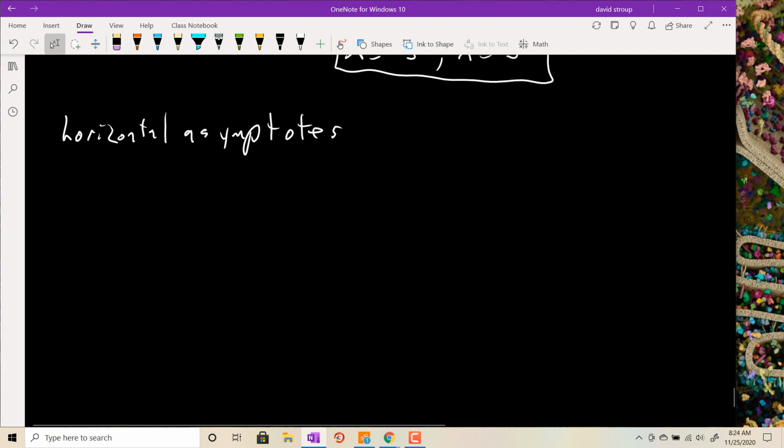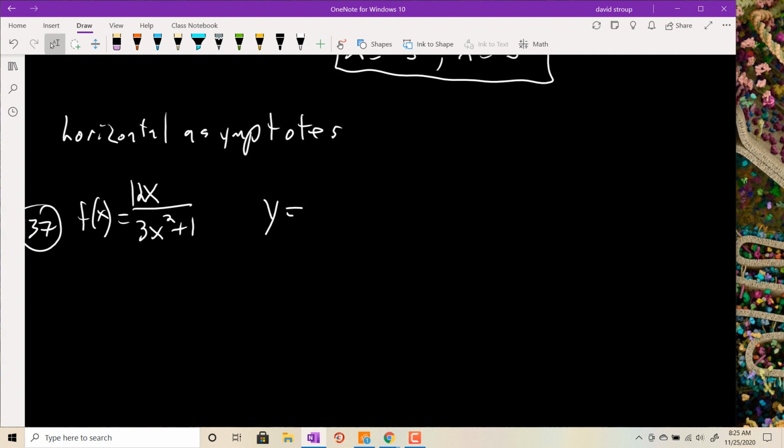Okay, so if the numerator's degree is less than the denominator's degree, so for example, if you have like number 37, you have 12x all over 3x squared plus 1. The horizontal asymptote, which will be y equals, will be 0, because the degree of the numerator, which is 1, is less than the degree of the denominator, which is 2. Okay, so that's the first case.